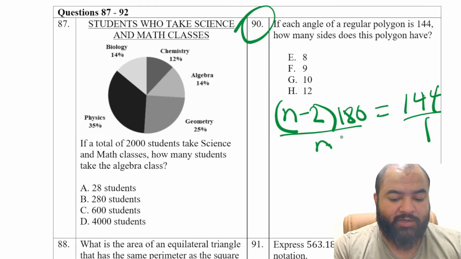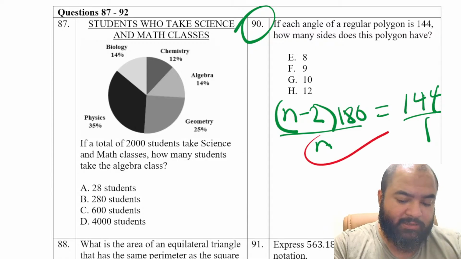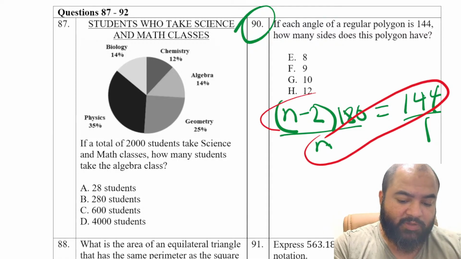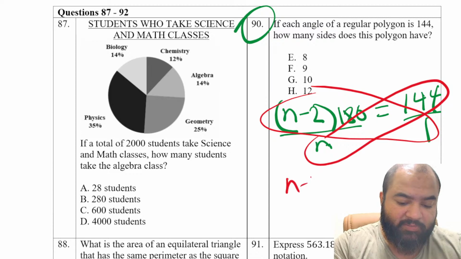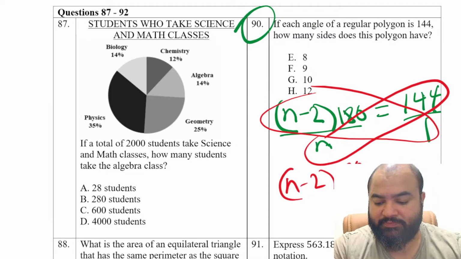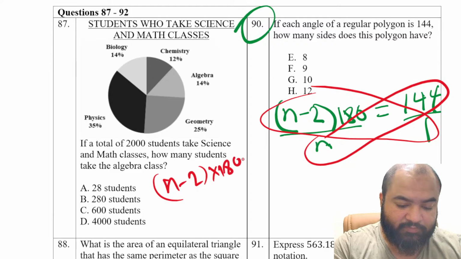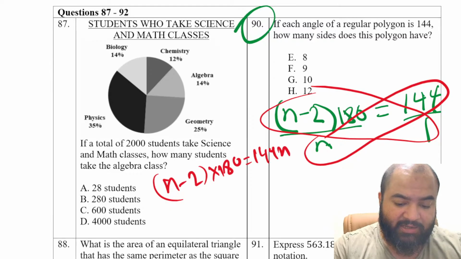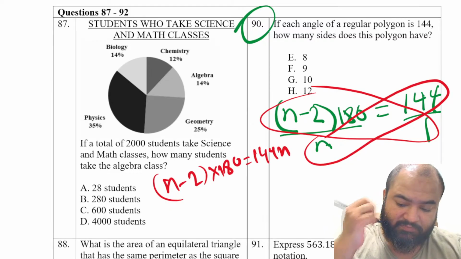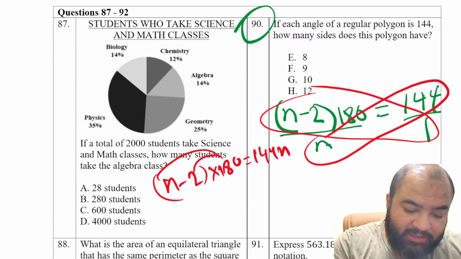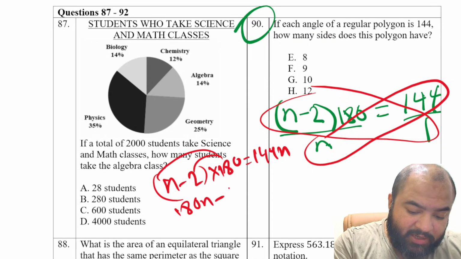Now you can cross multiply whatever this is with 1. So n minus 2 times 180 equals 144n. You can distribute the 180. So that's 180n minus 360.